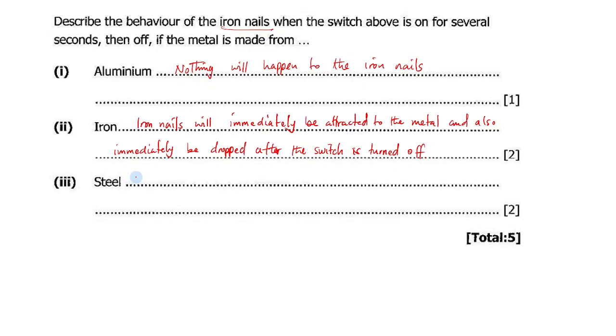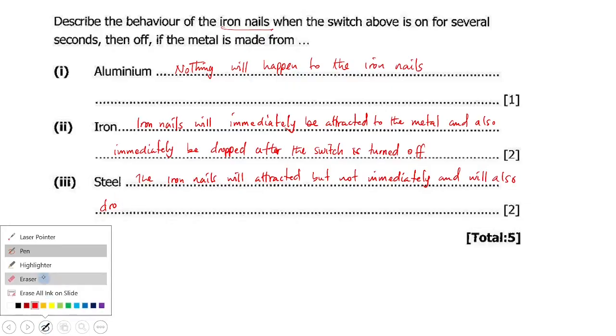So you say the iron nails will be attracted but not immediately, and will not drop, because it will become like a permanent magnet after some time.